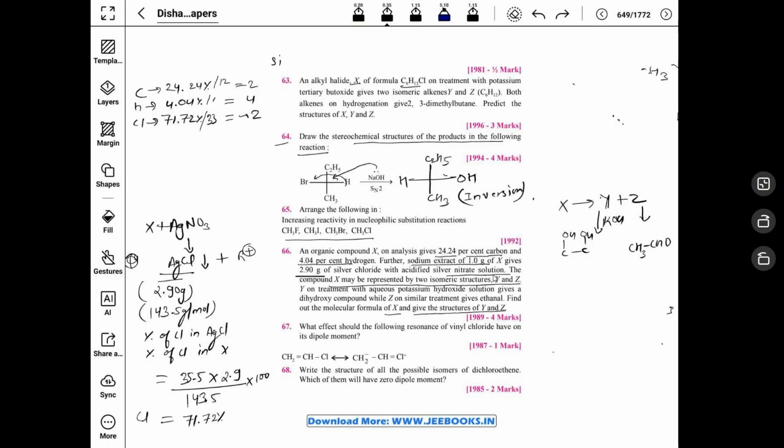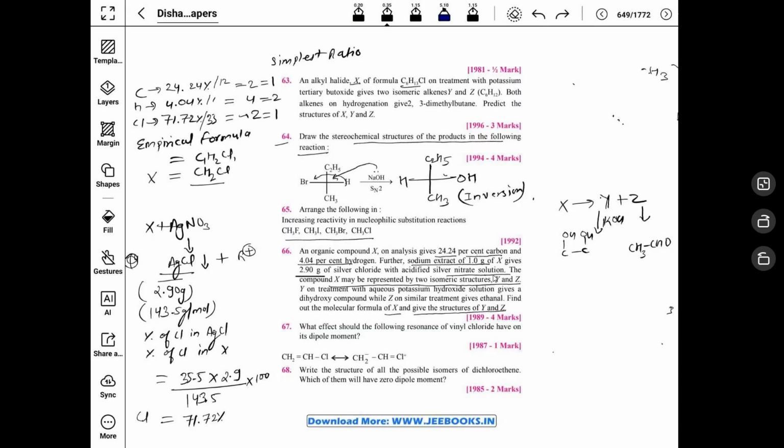Then the simplest ratio will be 1, 2 and 1. So the empirical formula will be CH2Cl. We have determined the empirical formula of X.